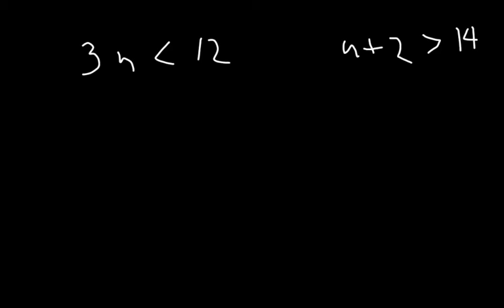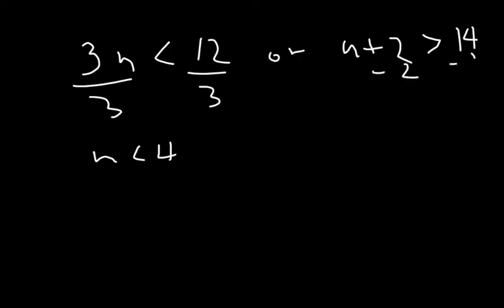More work is involved in something like this: we might say that 3 times the number is less than 12, or the number plus 2 is greater than 14. When we solve this, we find that the number is less than 4, or, and then we have to subtract 2 to find the solution to this one.